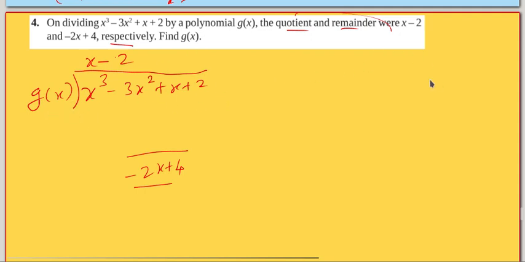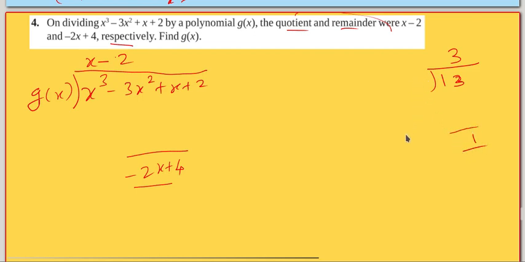Suppose we are dividing 13 by a number so that we get 3 as the quotient and 1 as the remainder. How to get this?